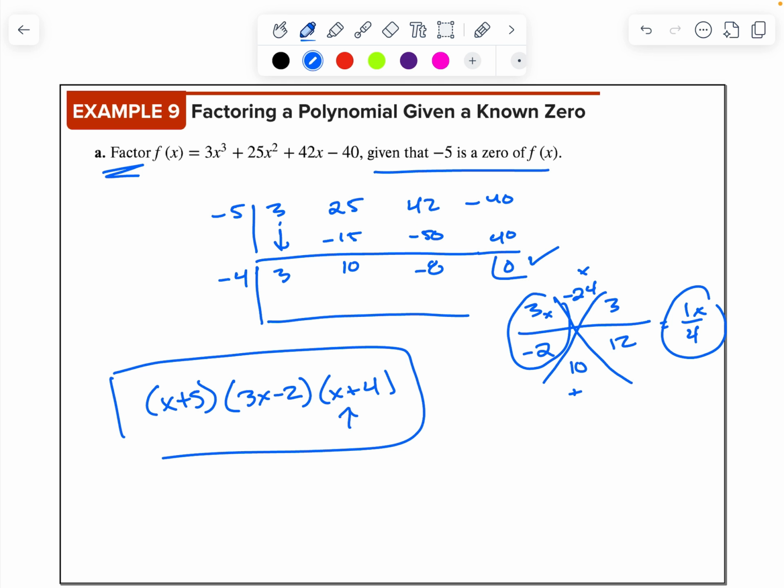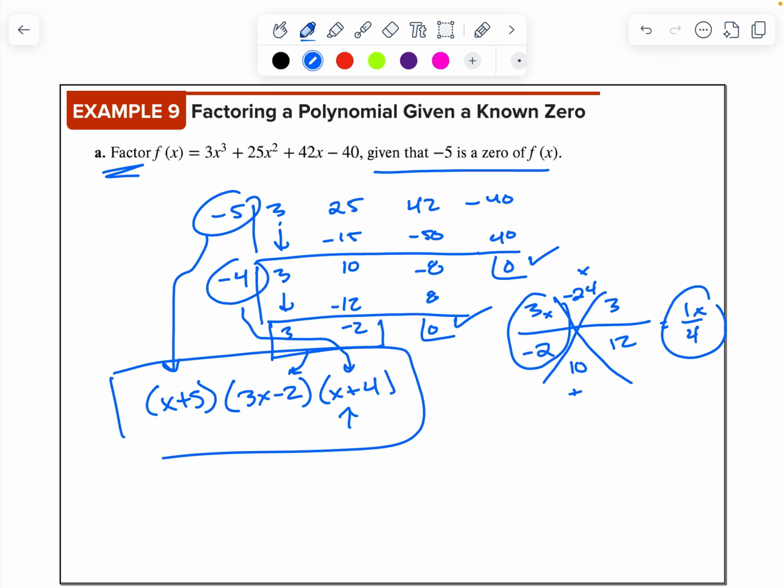Now that I'm at the answer, I know that -4 makes that 0. I'm going to put a -4 out there and just see what happens. Bring down the 3, multiply, add, multiply, add, check. So -4 would give you that factor, -5 would give you that factor, and then what's left here is 3x minus 2, which gives you that factor.